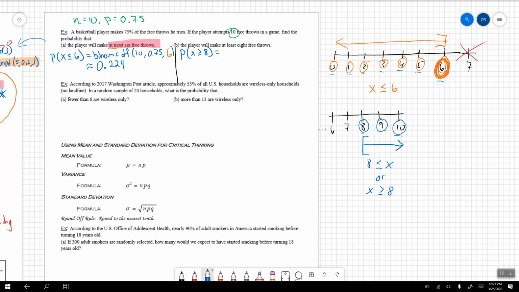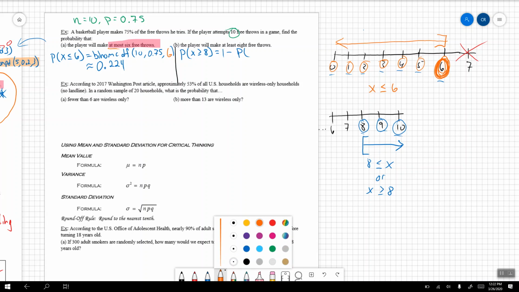This is going to mean that I want the complement in order for me to use binomial CDF. The complement for binomial CDF is going to mean that I want everything to the left. But everything to the left, I can't include the number 8 because the number 8 is already included in this probability. So when I do the complement, I want 1 minus the probability of, and here's what we need.